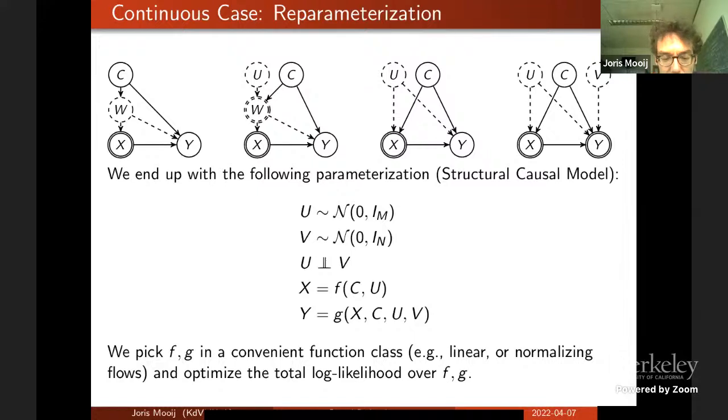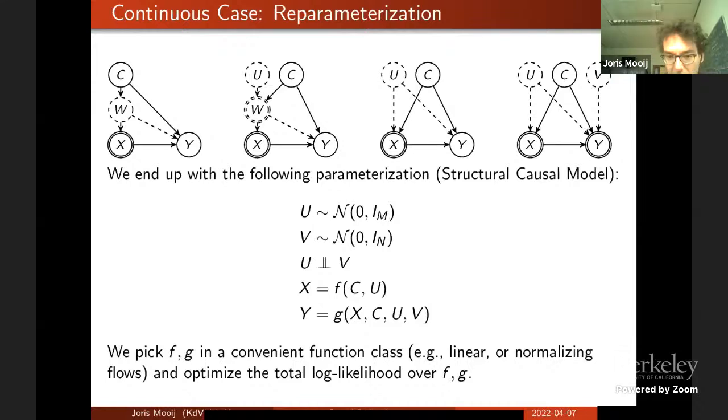So here, if you look at this equation, x is f of c comma u, then you can think about this as being a change of variables from u to x that also depends on c. So conditional on c, we have a change of variables from u to x.